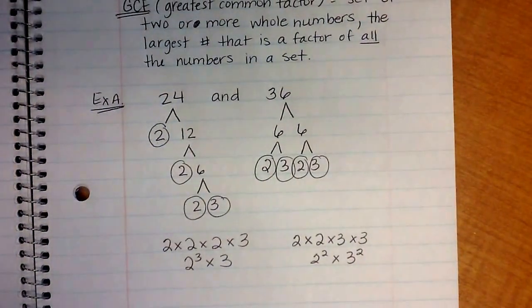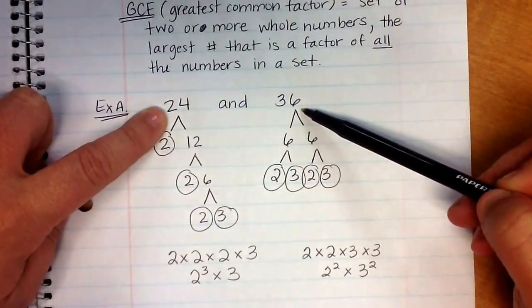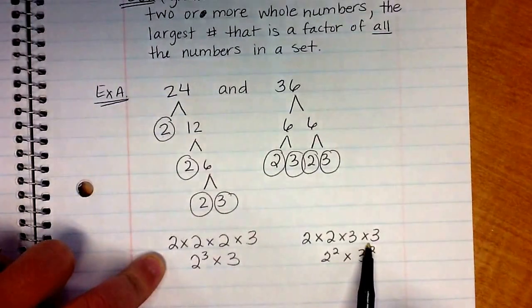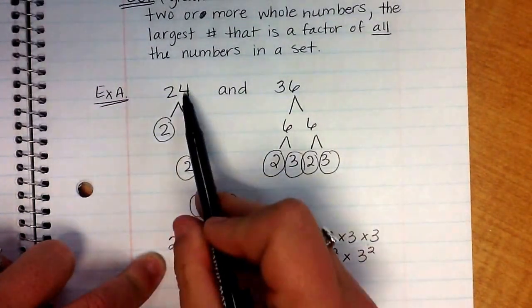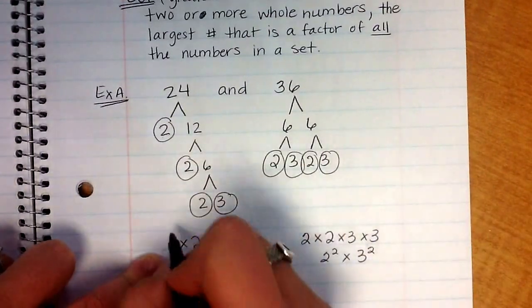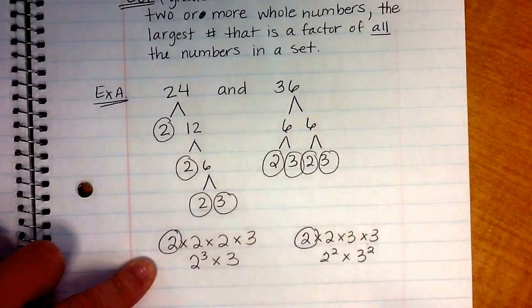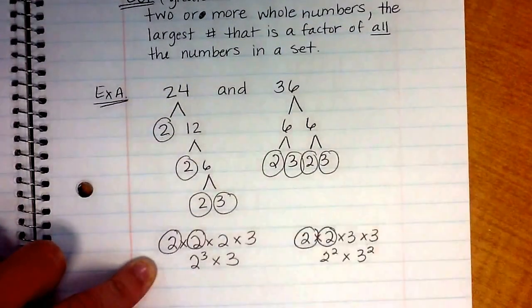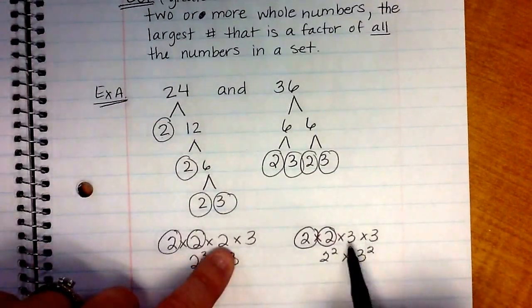Now to find the greatest common factor between these two numbers, 24 and 36, when I'm looking at the primes, I want to notice which primes they have in common, or which primes are in both 24 and 36. So I have these two, I have these two, and then I don't have any more 2's in this number.